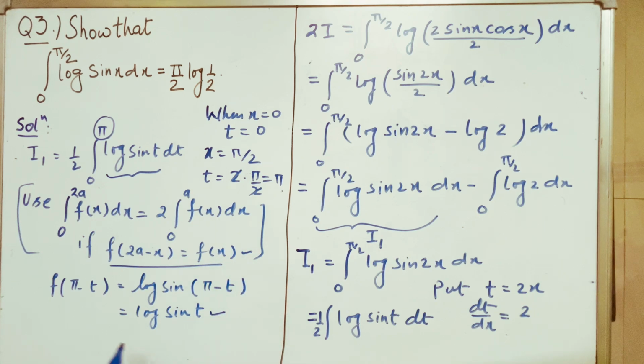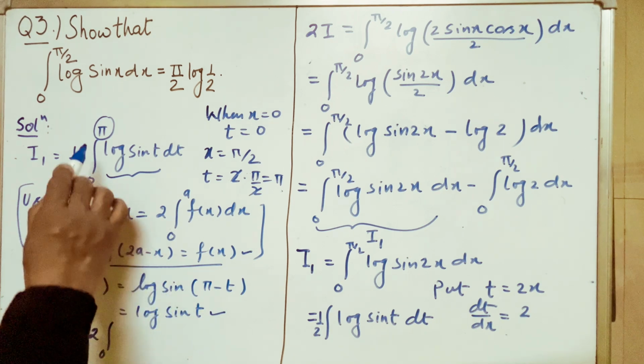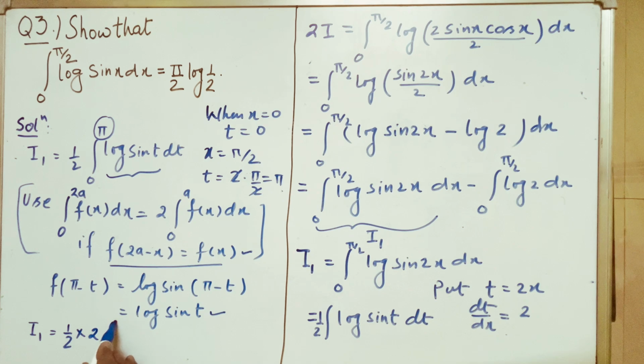So it means this I1 will become 2 times integral 0 to, so limit pi will become half of pi, that is pi by 2, log sine t dt. This 2 and 2 will get cancelled.